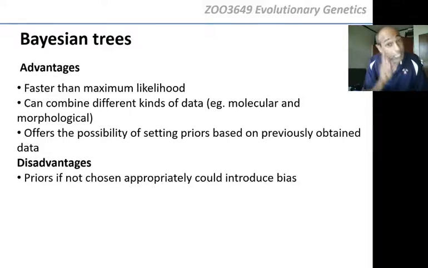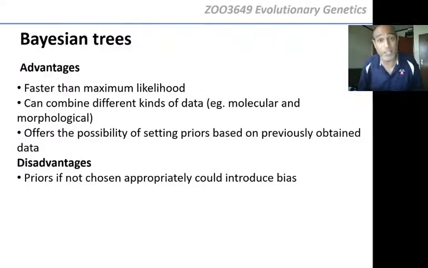So in order to get the best tree, you need to be absolutely certain that the priors you tell your Bayesian, here are my priors, contain the true tree somewhere. If it's outside, Bayesian will never find it.